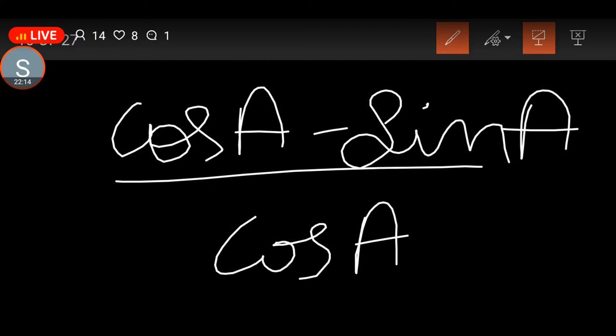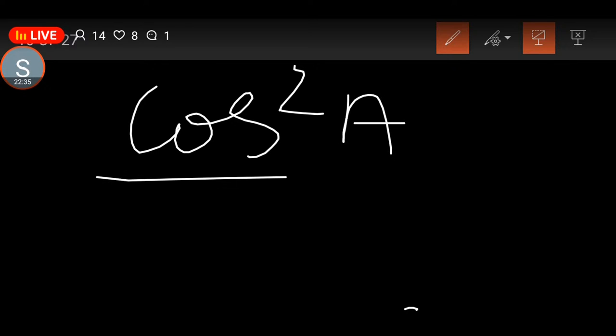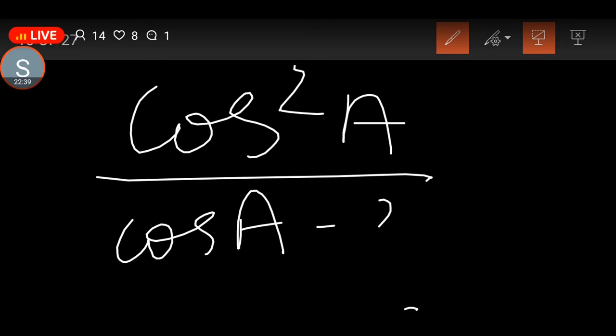Okay. The denominator of the denominator goes to the numerator. So the first, left hand side, that is cos by 1 minus tan A, will be cos square A by cos A minus sin A. Okay, this will be the thing.